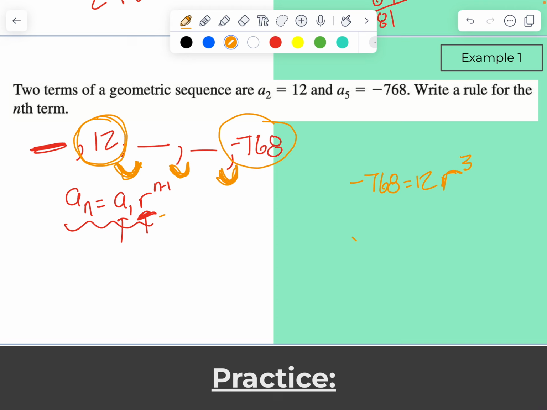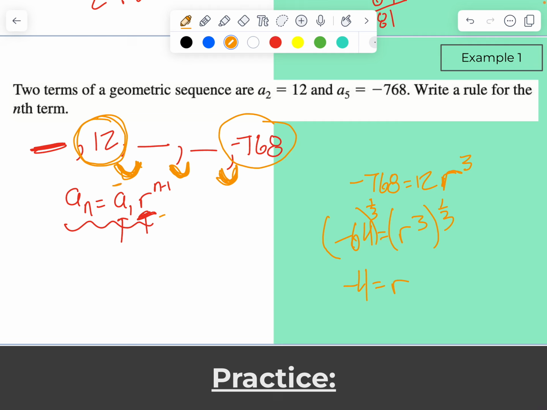So negative 768 divided by 12 gave me negative 64. And then I'd have to raise each side to the 1/3 power, or cube root it, which would give me negative 4. So I found my common ratio of negative 4.